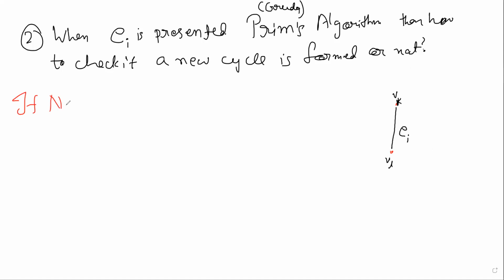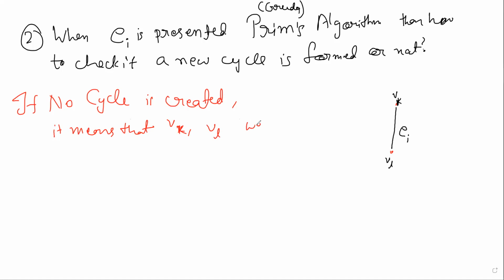So if no cycle is created, it means that VK and VL were in different components. They were in different components. That is a key.